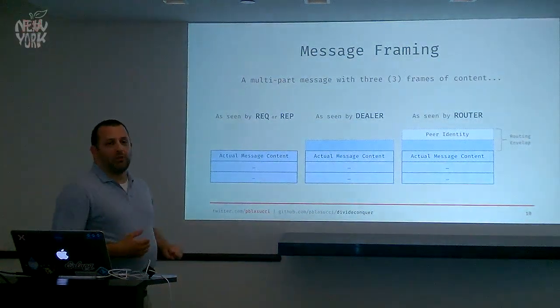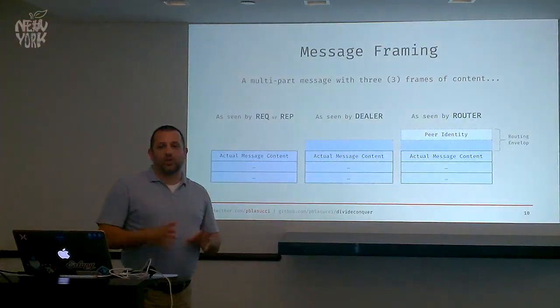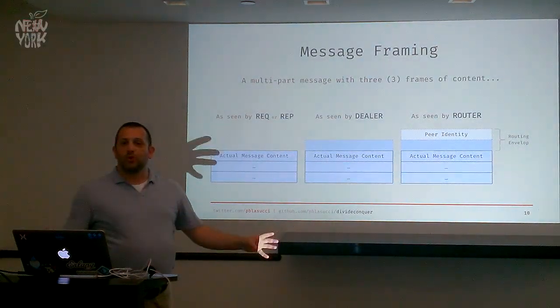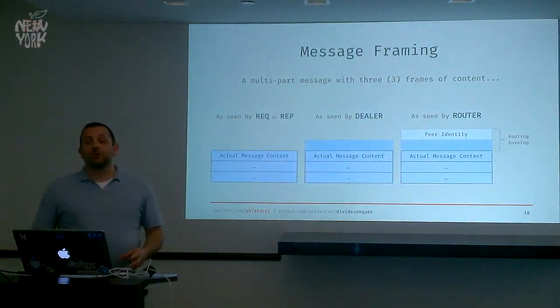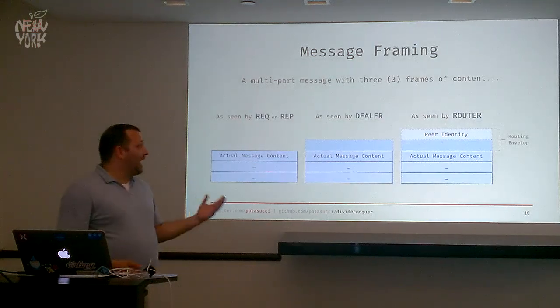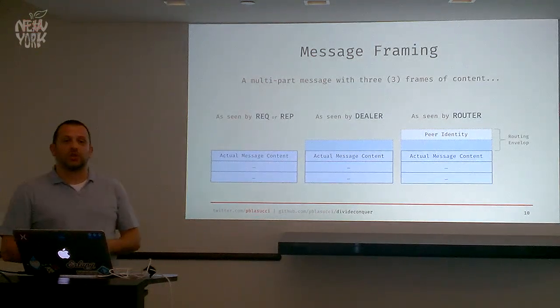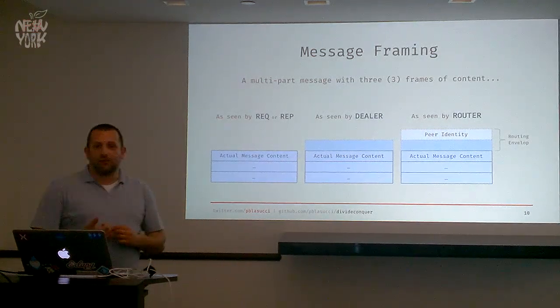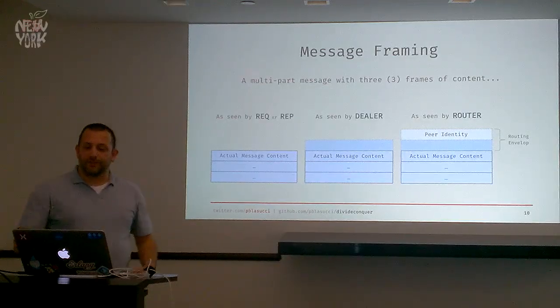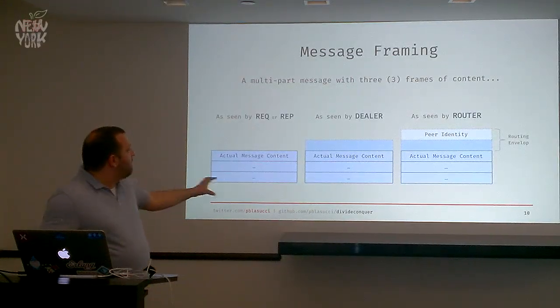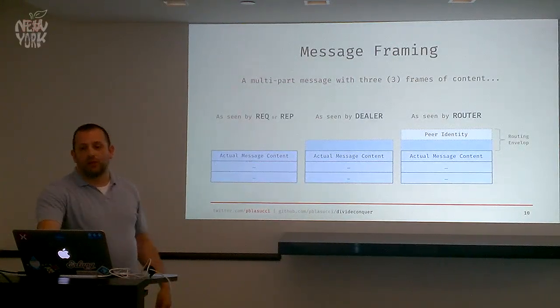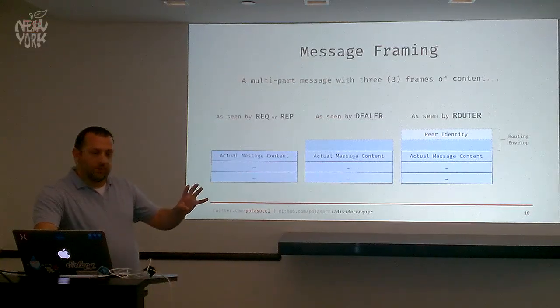You have this routing envelope, these extra frames of information about the other nodes you're communicating with that you can then use to make intelligent decisions. And we'll actually see an example of this in our chat application where we will use the routing envelope to identify our clients. But this is the same message viewed differently by different socket roles. So that becomes important.